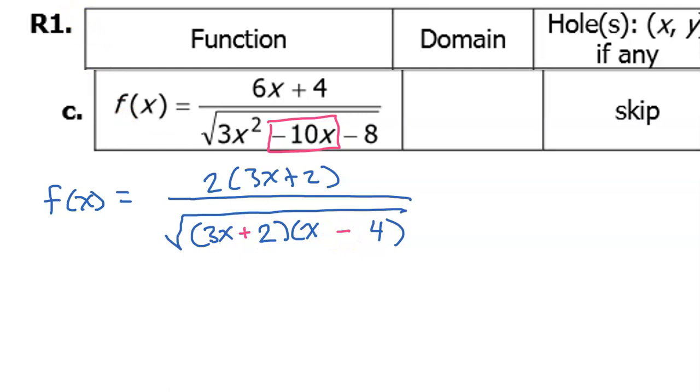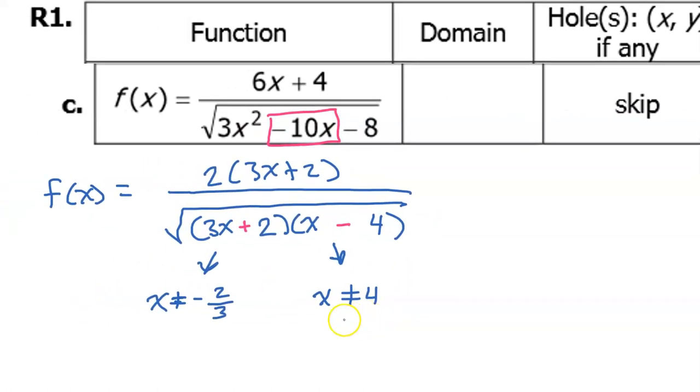So obviously, we can't have 0. So let's figure out what the two values will be that will cause the denominator to be 0. Setting each of these factors equal to 0, let's just do that mentally. Subtracting 2, dividing by 3, we get negative 2/3. So we know that x cannot equal negative 2/3. And of course, adding 4 to both sides, we see that x cannot equal positive 4.